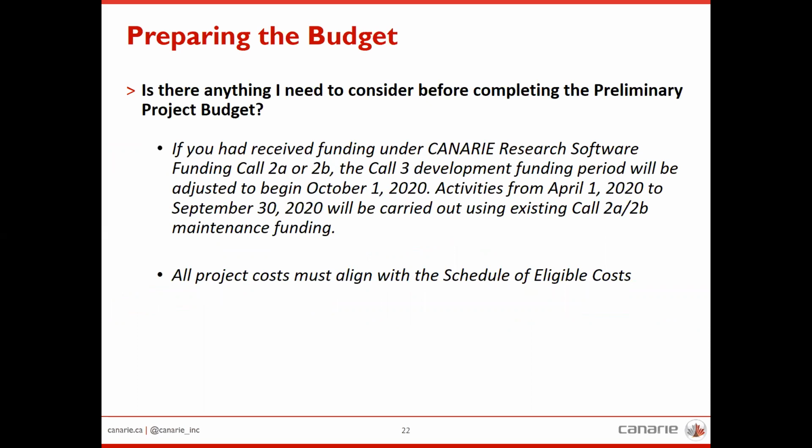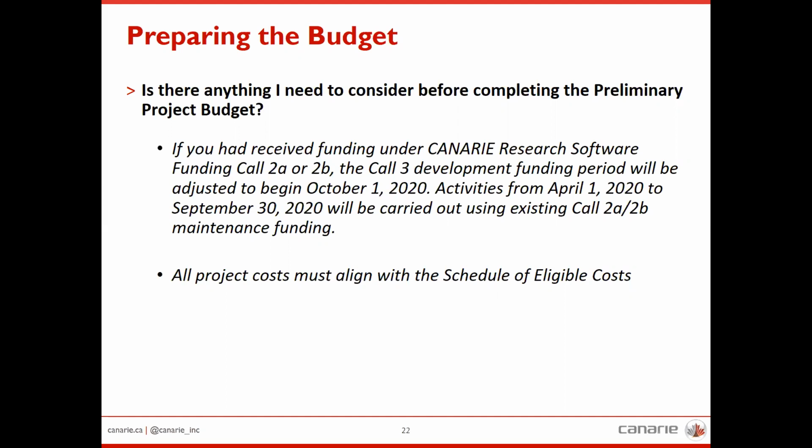Okay, so I'll go over some commonly asked questions in terms of finance and some of our answers for them. So first one, is there anything I need to consider before completing the preliminary project budget? As Scott has mentioned before, if you have received funding under our research call 2A or 2B, your call 3 development funding period will be adjusted to begin October 1st.